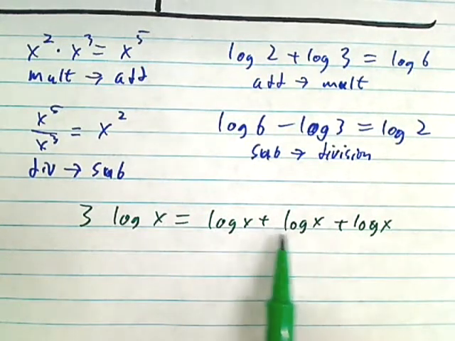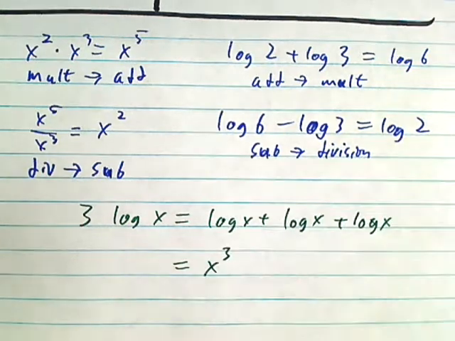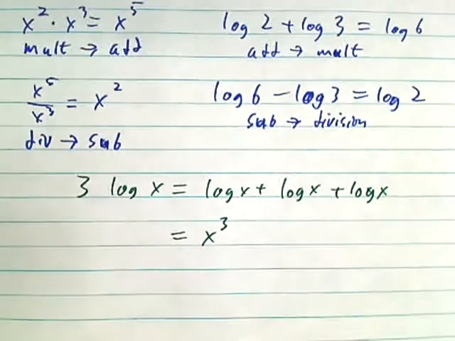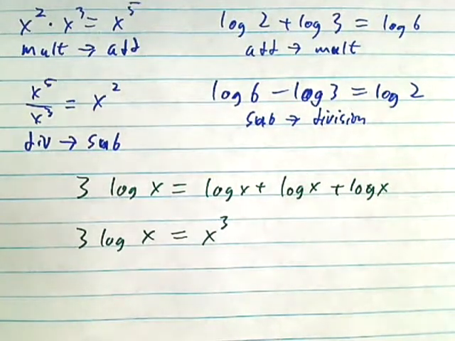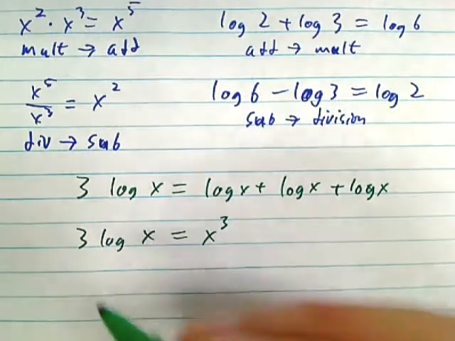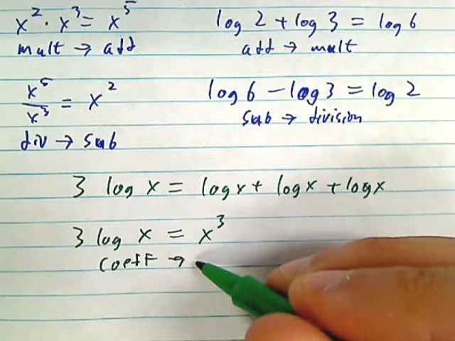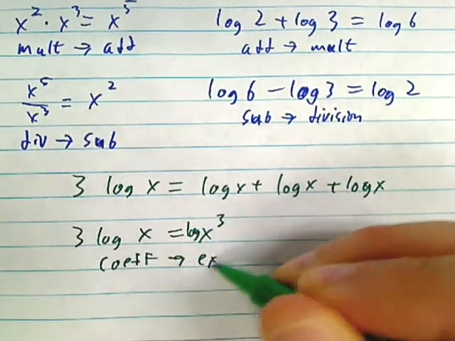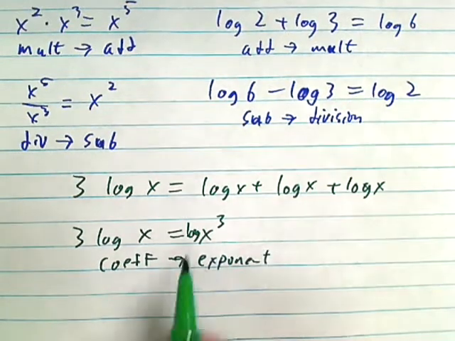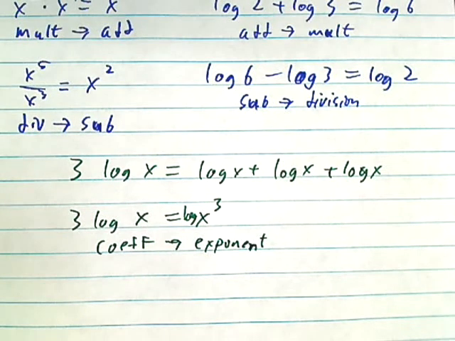So if I multiply all of those together, that gives me x to the third power. So if 3 log x is log of x to the third power, we have another rule: the coefficient becomes the exponent.